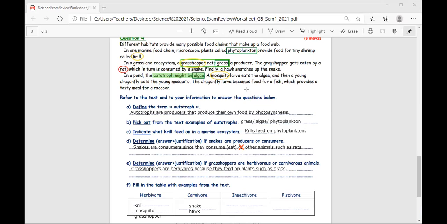Bravo. Fish is not piscivorous. The only piscivore is the raccoon. Raccoon is piscivorous. Good job.